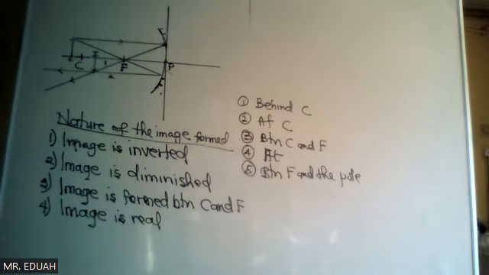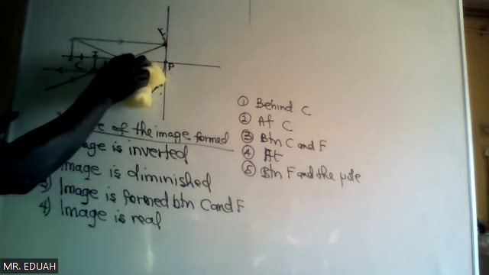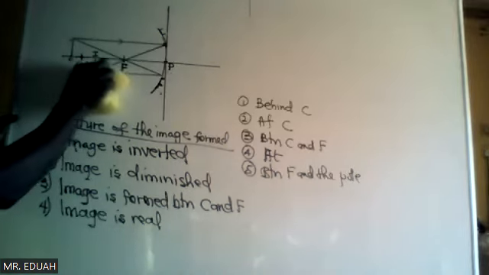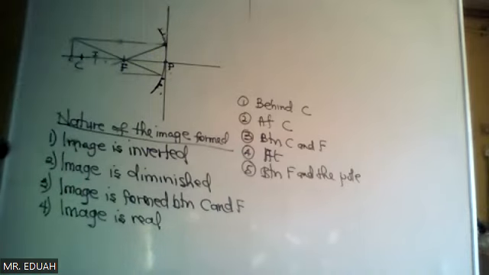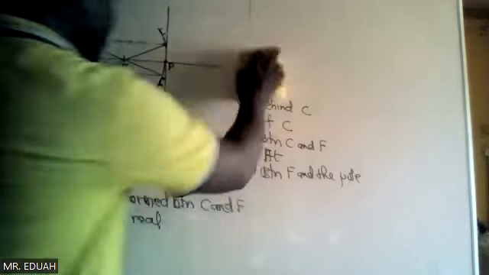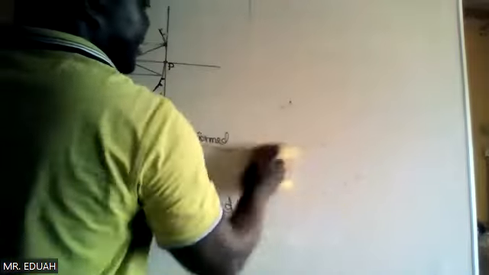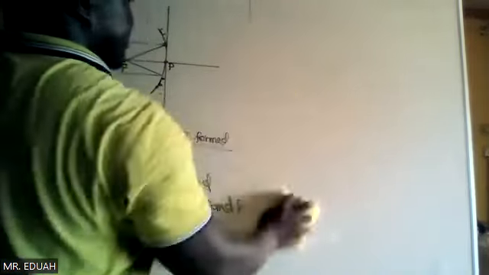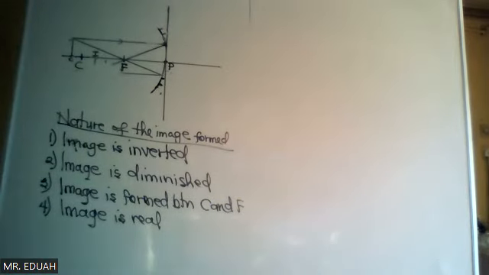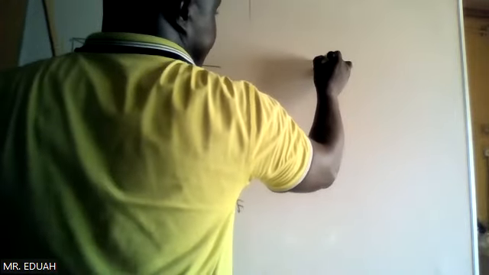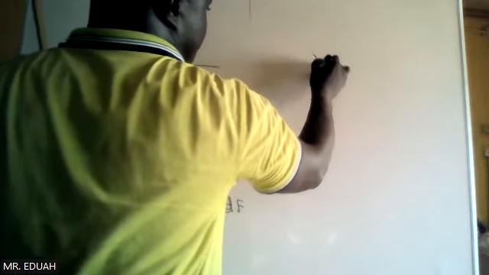Okay. Let's place the object at C, the center of curvature. And I want to draw the first ray diagram. Okay, let me get a different place. So, a mirror with a very small aperture.